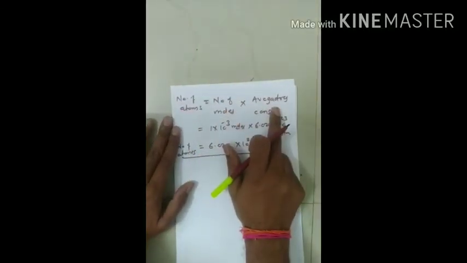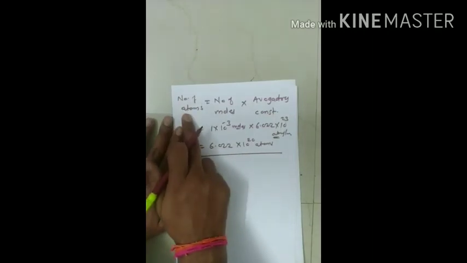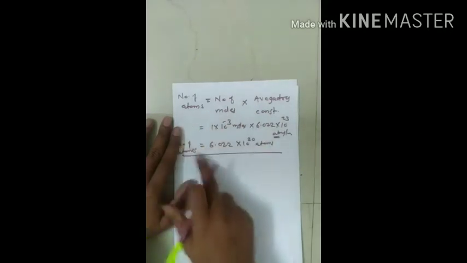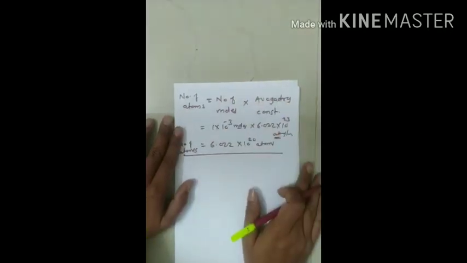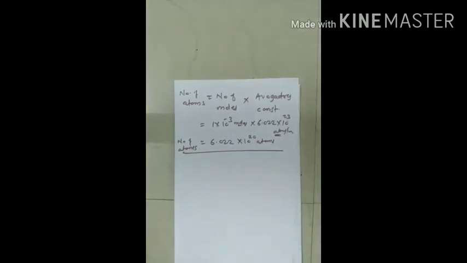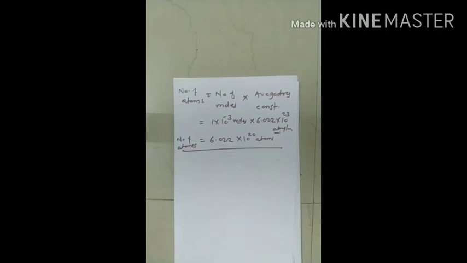If they ask for the number of molecules, use the same formula, number of moles into Avogadro's constant, which gives the same kind of value. According to the question you can use the formula. We will discuss the next question after this.